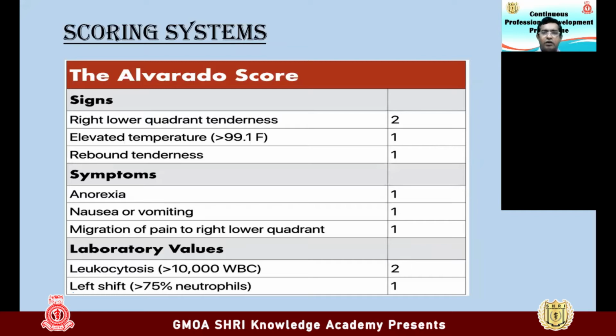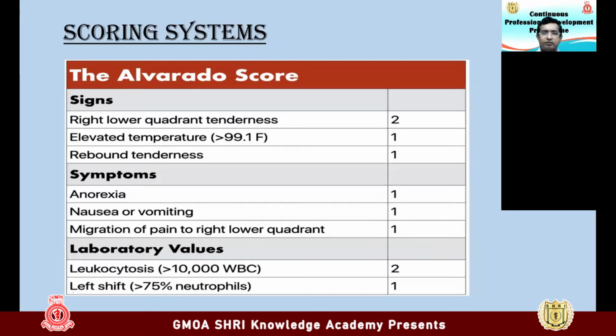So it's an exercise of a particular unit to develop some sort of scoring system to get an idea about the patient's situation, I mean, to come to a diagnosis or conclusion about the underlying pathology.